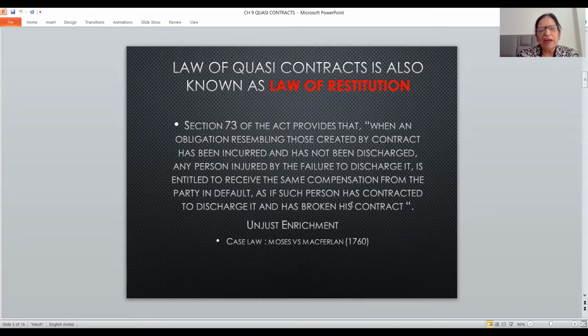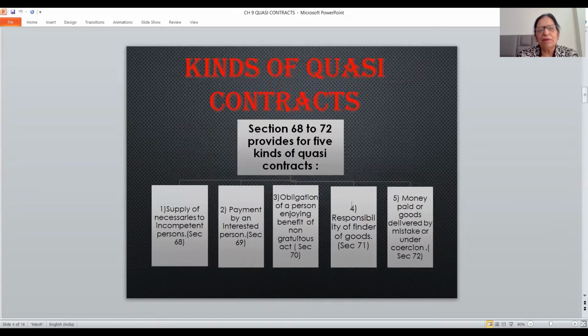So moving ahead, friends, now I'll take up kinds of quasi contracts. There are 5 types of quasi contracts which have been provided under sections 68 to 72 of the ICA 1872. First one is supply of necessaries to incompetent persons, Section 68. Second is payment by an interested person, Section 69.